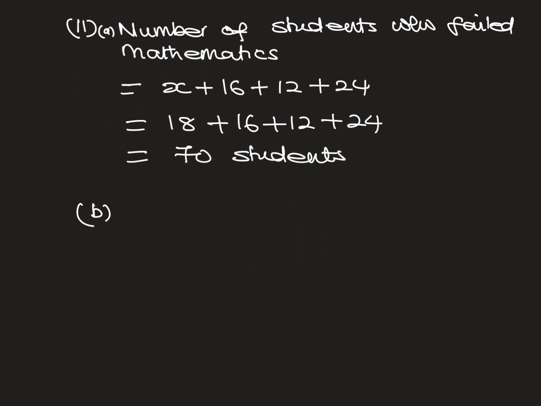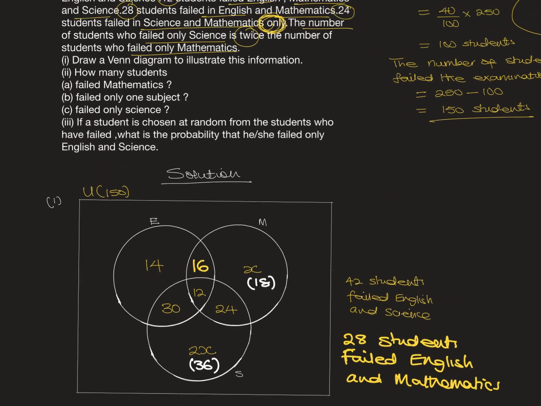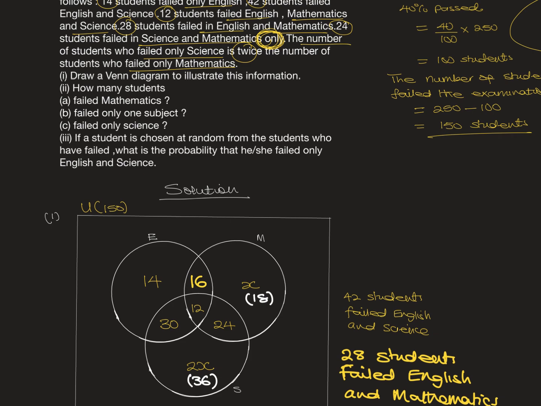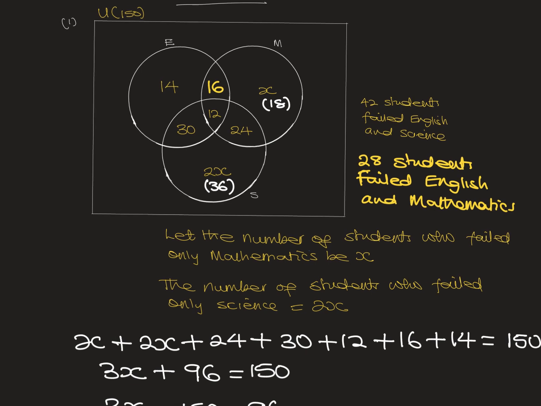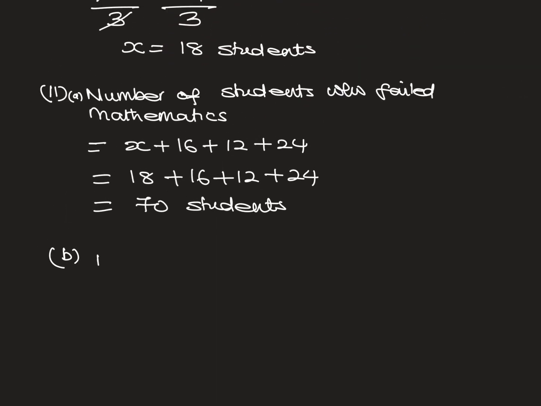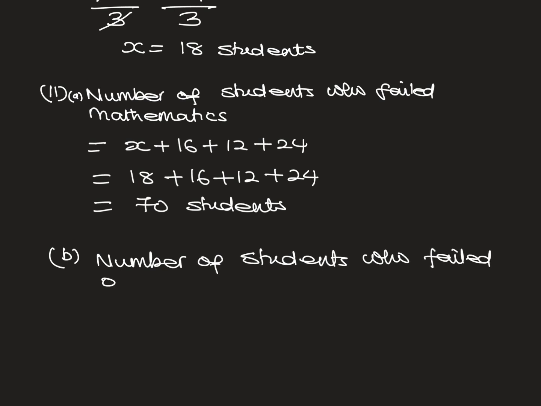Now we want to go to question 2B. What is question 2B? The number of students who failed only one subject. So who are the students who failed only one subject? There are those who failed only English, or failed only mathematics or failed only science. So that is 14 plus x plus 2x. Number of students who failed only one subject.